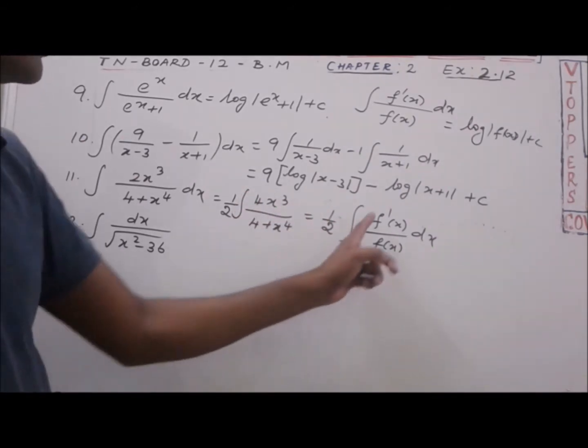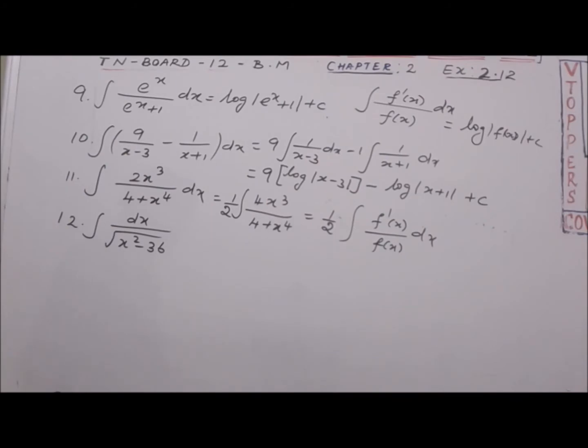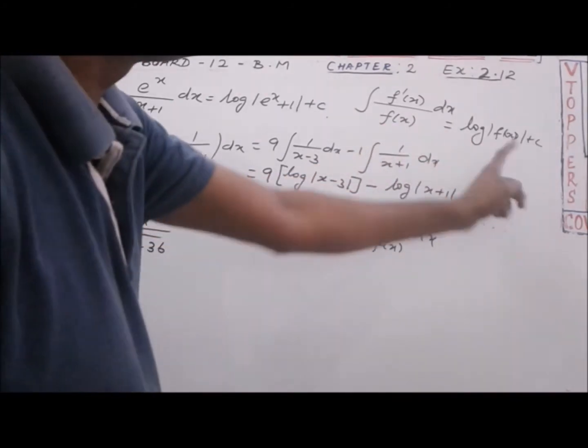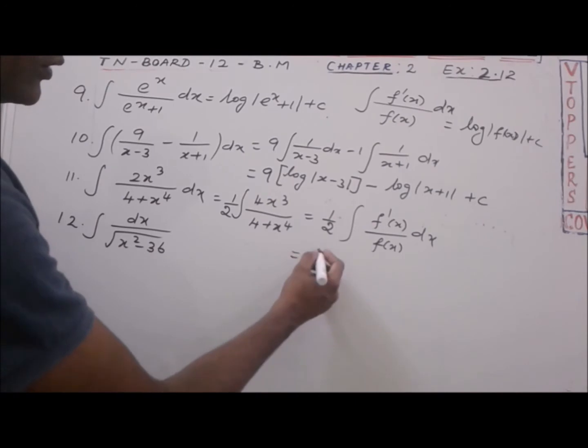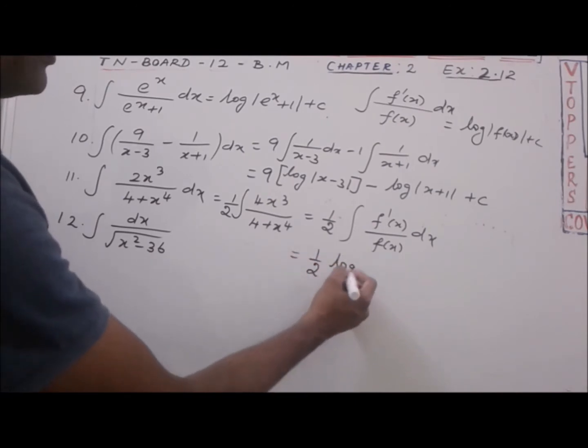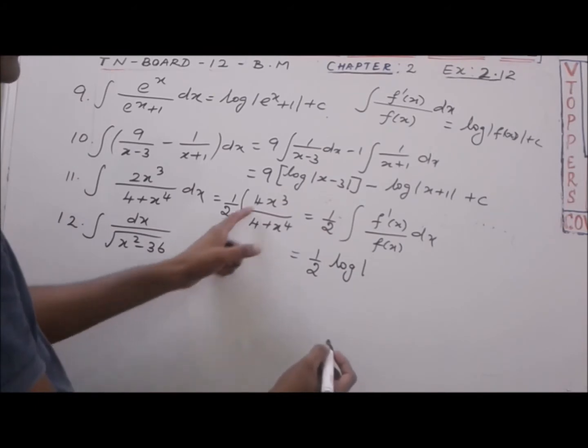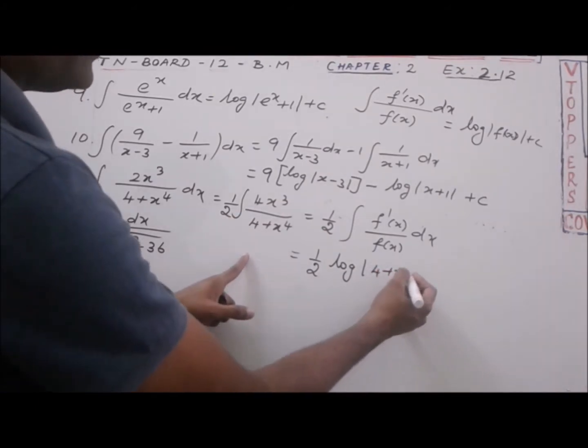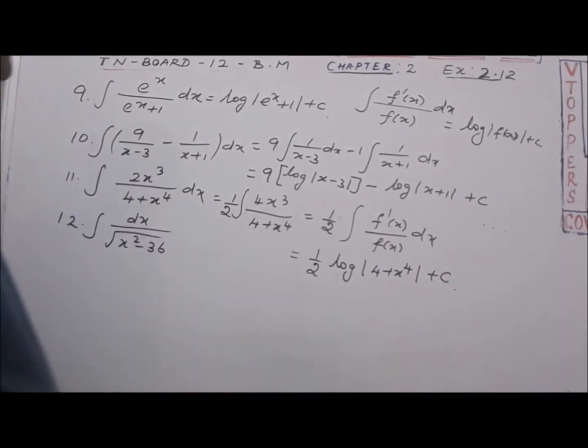So we can substitute this formula, which gives 1 by 2 log of modulus of f of x, which is 4 plus x power 4, plus c. So for question number 11, the answer is 1 by 2 log of modulus of 4 plus x power 4 plus c. Option number B. And now question number 12.